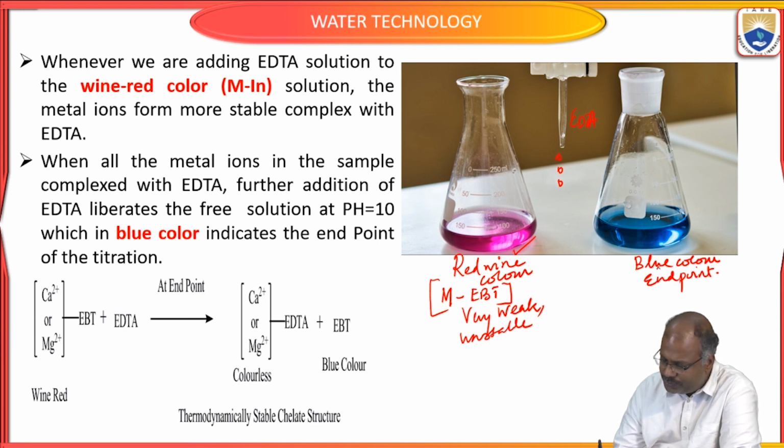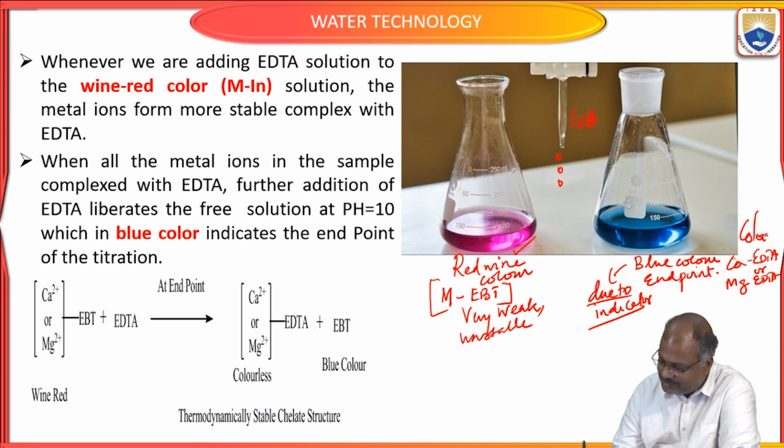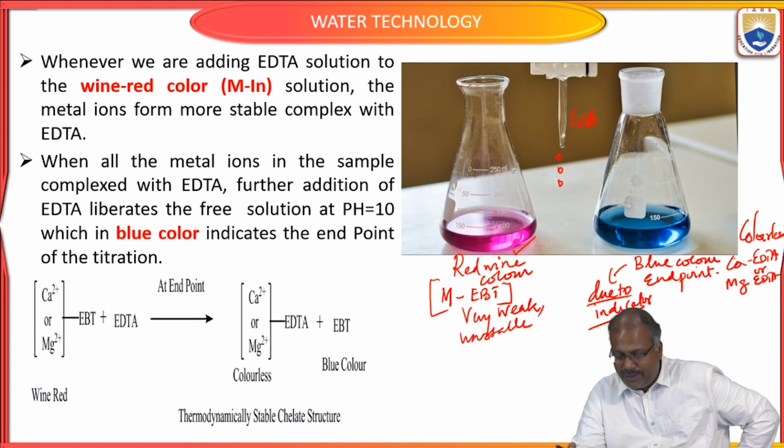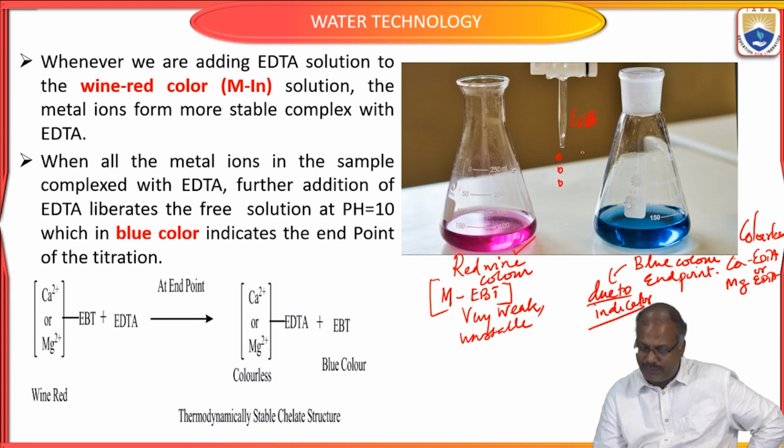This blue color is due to the indicator. The calcium EDTA or magnesium EDTA complex is colorless. But what comes out when all the metal ions form a strong bond with EDTA, that is calcium and magnesium ions, then it releases the indicator as a free solution.